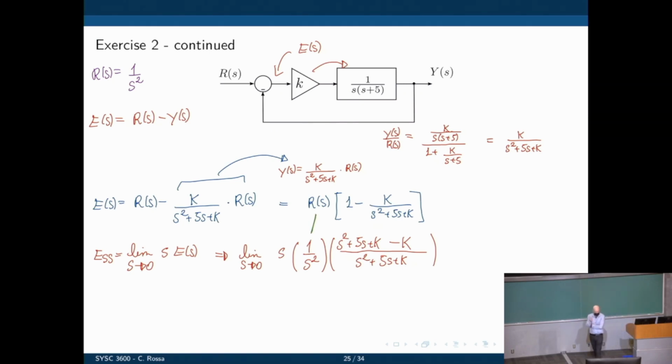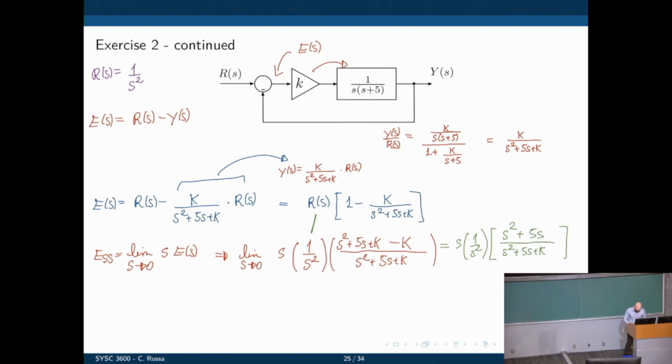And then what is inside the brackets there, I just found the common denominator. So we can now multiply 1 by the denominator, and you have K minus K, that's 0. So this is equal to s times 1 over s squared. So what is left here? We are left with s squared plus 5s. Our K minus K cancel out.